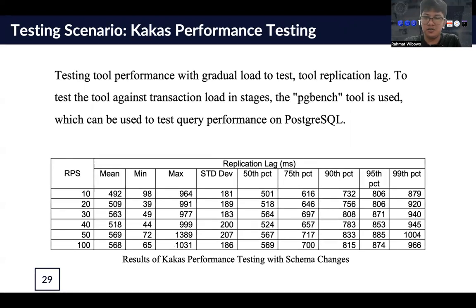The last is the performance testing. The testing was using pgbench for doing the benchmark. The result of the testing, at a constant rate of 10 RPS, is that 95% of the requests are below 1 second.